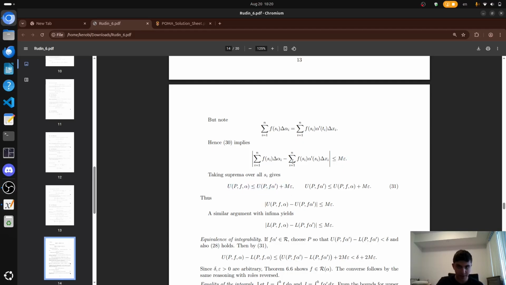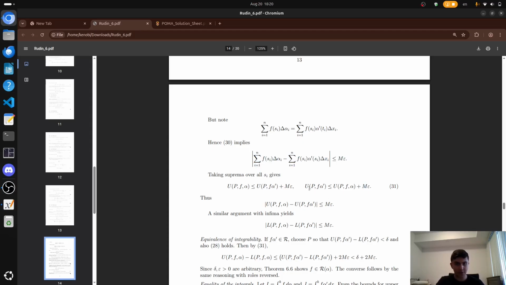And same thing over here, because when you have the absolute value, it's the same thing as the absolute value of the negative. So for example, the absolute value of 1 is the same thing as the absolute value of negative 1. And you use the same idea, separate the absolute value between the subtraction. So that's going to be less than this thing over here, which is less than this thing. So it's also going to be less than M epsilon.